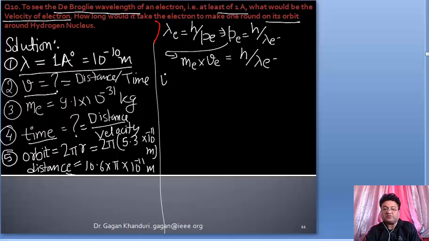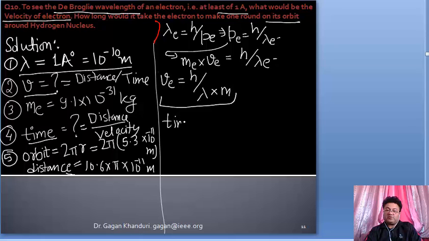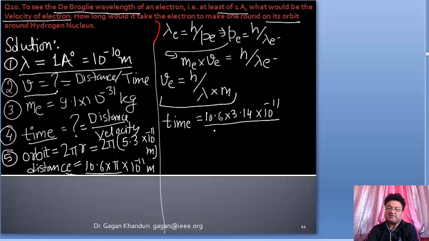So we have to find out the velocity of the electron. It can be given as h upon lambda, and this mass will come down. So mass will be here. This is the velocity that we wanted to obtain, and the time that we want to obtain is given by the distance, 10.6 into 3.14 into 10 raised to power minus 11, upon the velocity, whatever we are going to obtain from here.